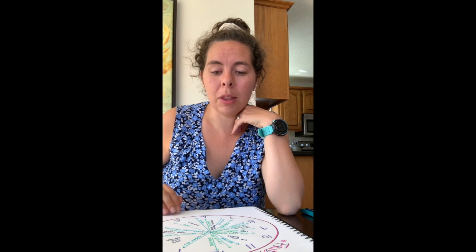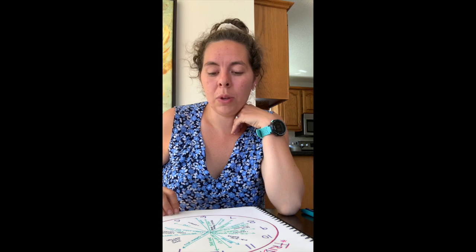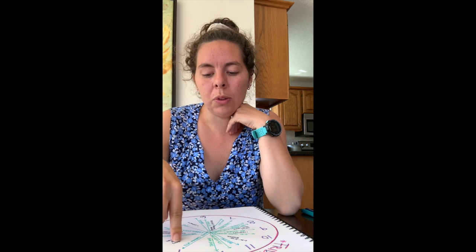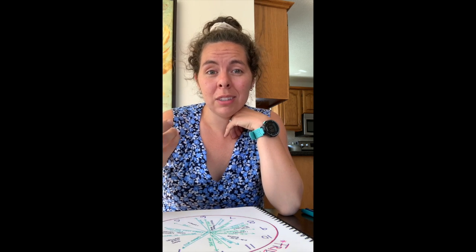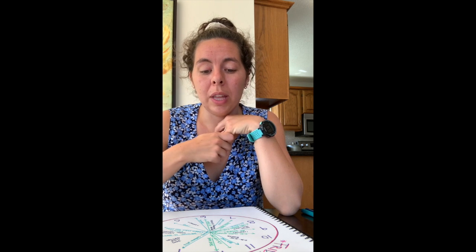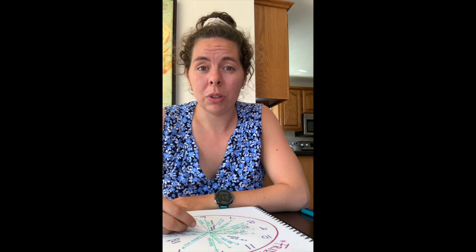I want you to write them on the bottom, and then once you've written them on the bottom, you can look on your schedule and see if there's any times throughout the day that you could possibly fit it in. And you can star those areas if you like, or however you want to label those as potential time to do those things that you would really like to do.